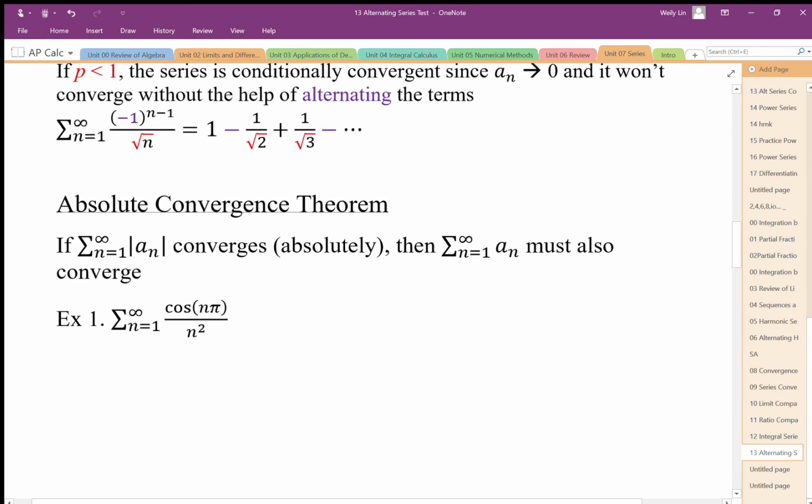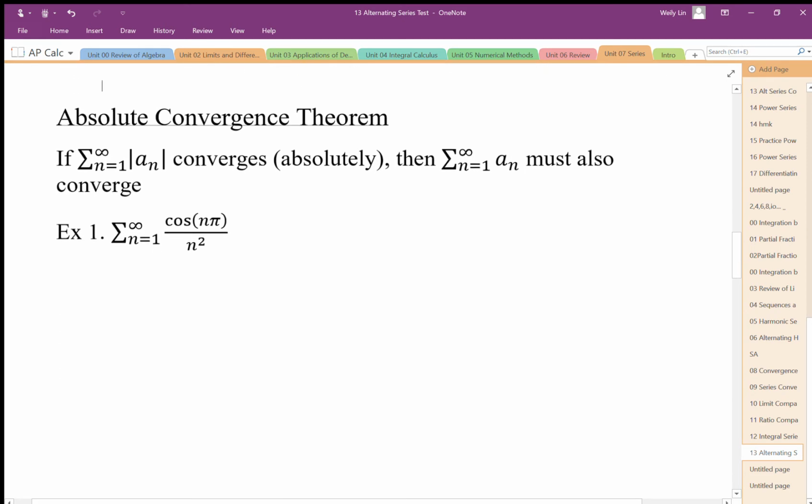The absolute convergence theorem states that if the series converges absolutely, then regardless of whether it alternates or not, it must also converge. It's a fairly straightforward theorem. So we can just test this.